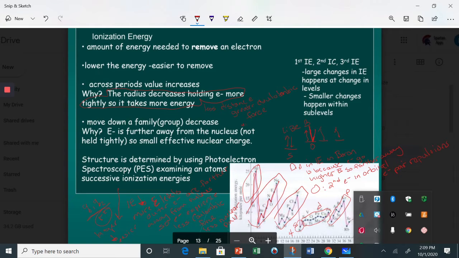Right? More nuclear pull. And actually, it's called more effective nuclear charge. But the best way to say it is, you have more Coulombic attractions.